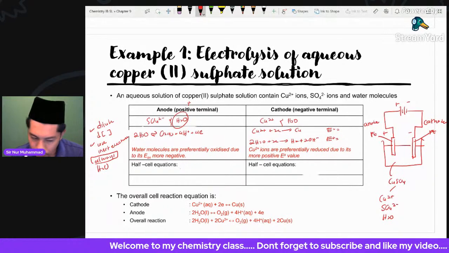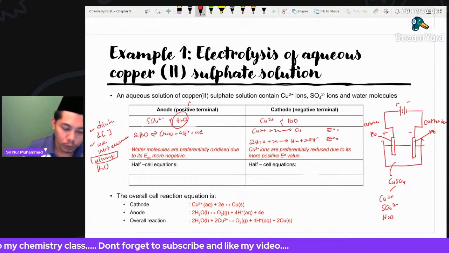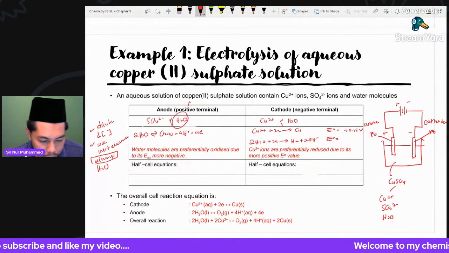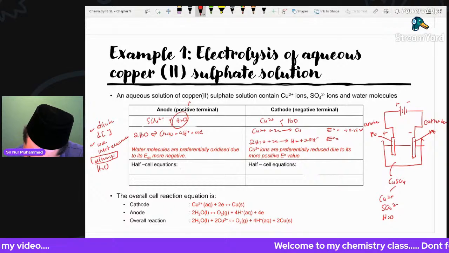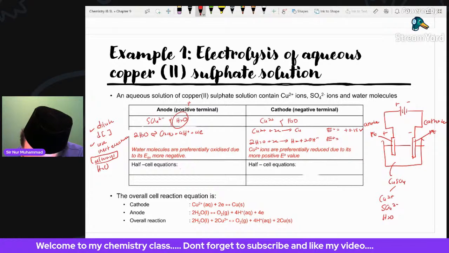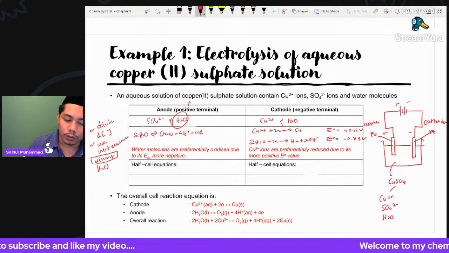For Cu it is positive 0.15 volt, and for water negative 0.83 volt. So which ion will be discharged?